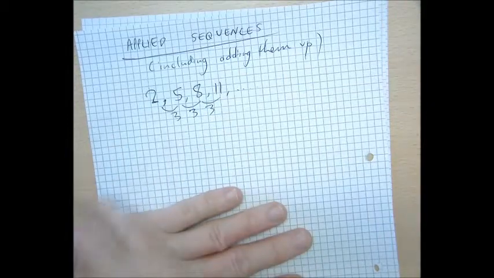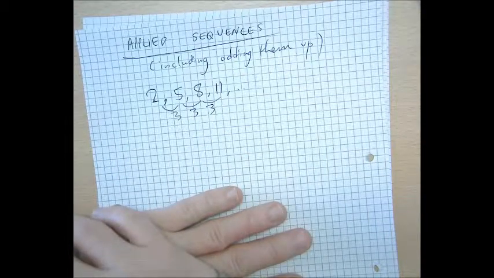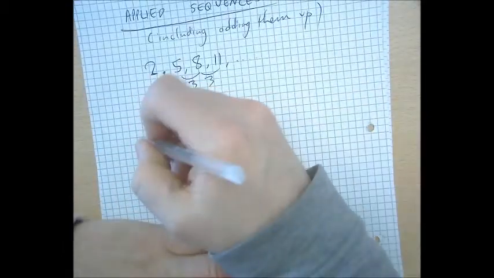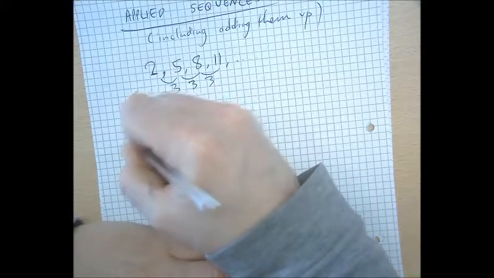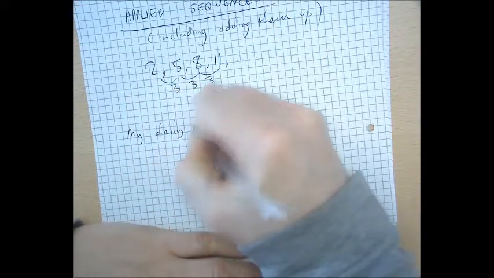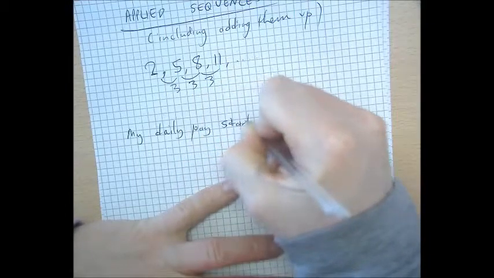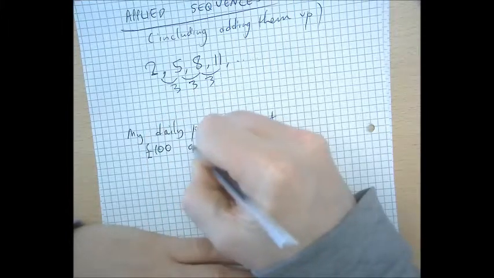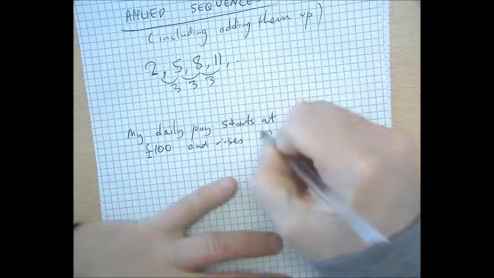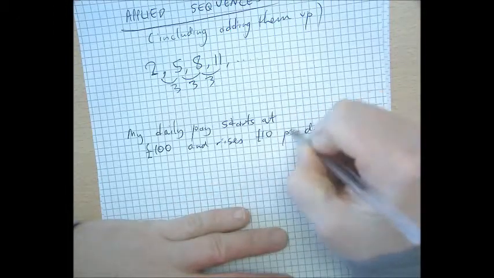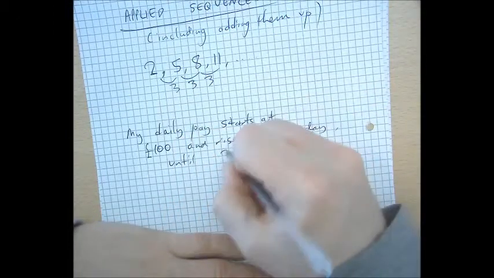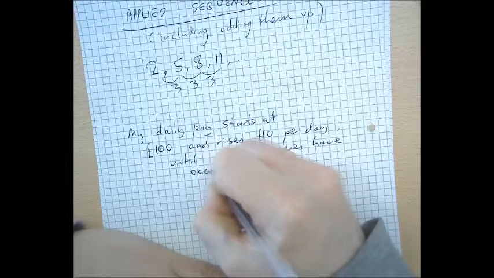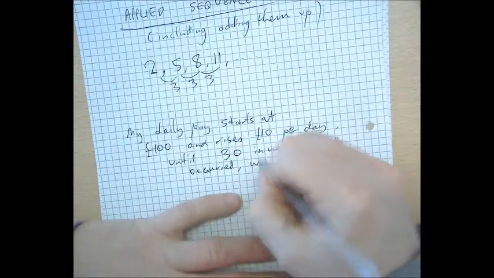Okay? And this video is just about how to answer questions where that arises naturally from a context problem, a problem about the real world. So here's an example. My daily pay starts at £100 and rises £10 per day until 30 increases have occurred, whereupon it stays the same.